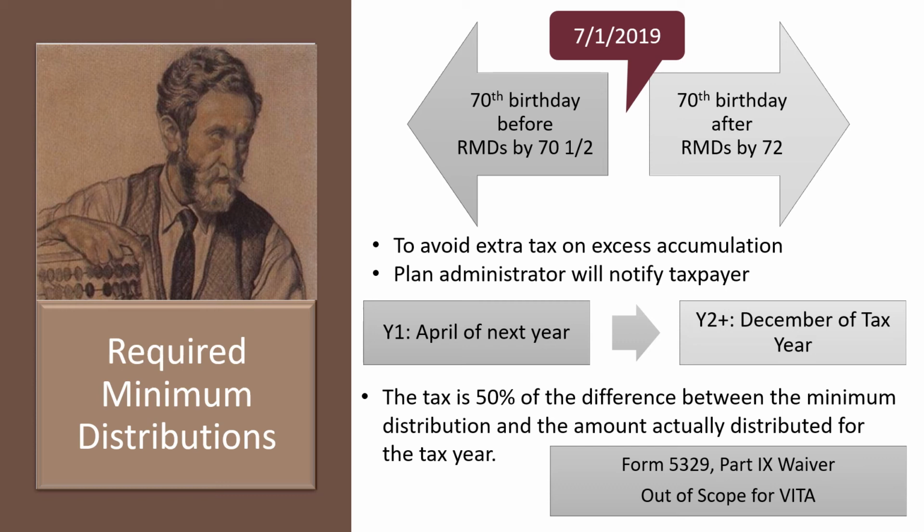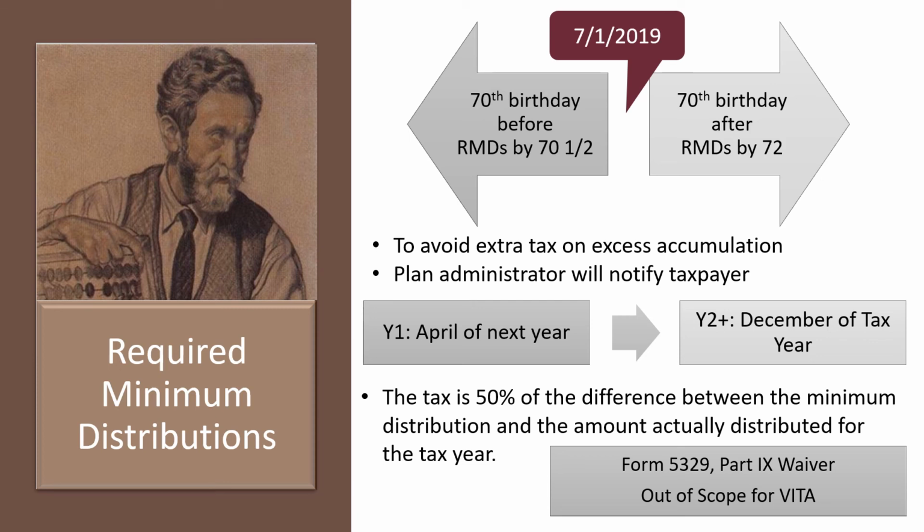They do have in the first year through April of the next year to make this distribution. After that, they're expected to have taken the distribution by December of the tax year. And the penalty on this is quite high. It's 50% of the difference between the minimum distribution and the amount that they actually received as a distribution for the tax year.